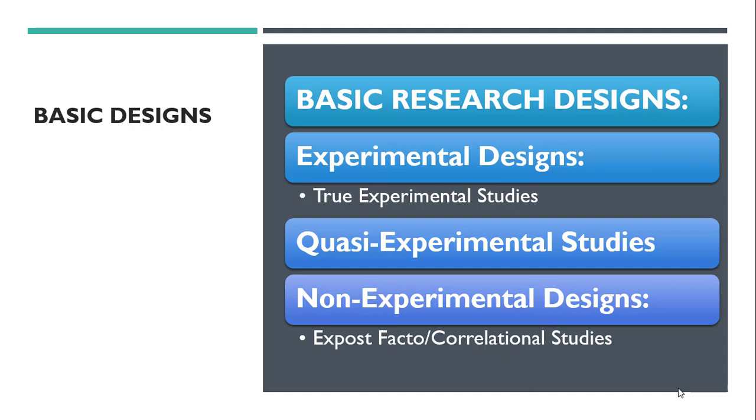So I will implore you to read more about these different categories, but I will focus on few of them, explain a little bit more about them as we proceed. Remember, basic research design could be experimental, quasi-experimental, or non-experimental.